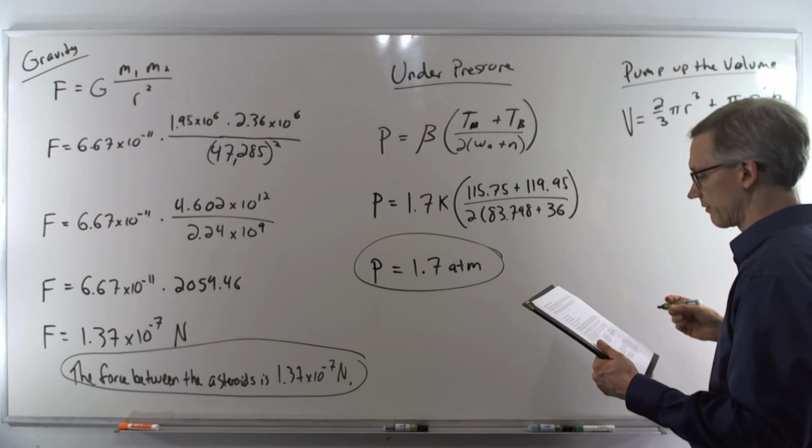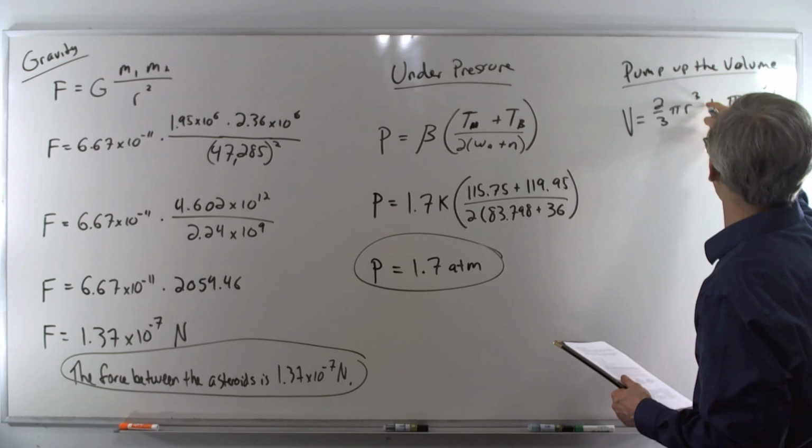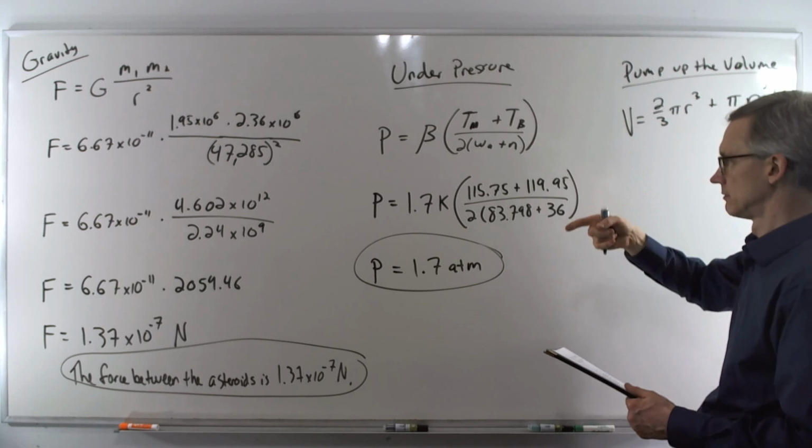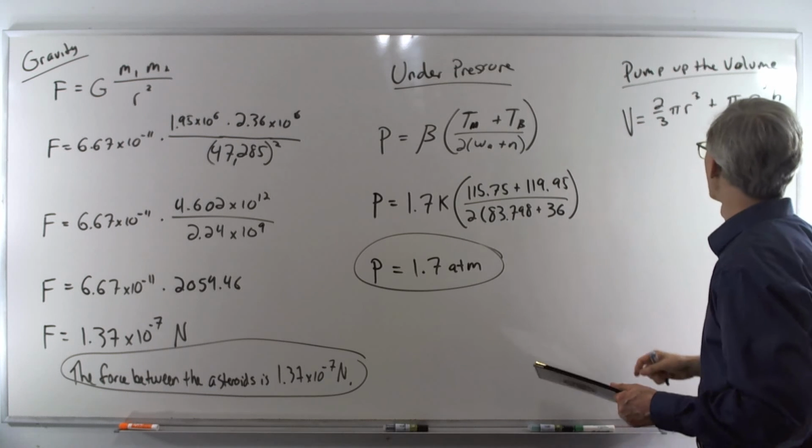We're calculating the volume of the tank. So we've got the half sphere portion on top and the cylinder part of the tank right here. Put them together, we get the whole volume.